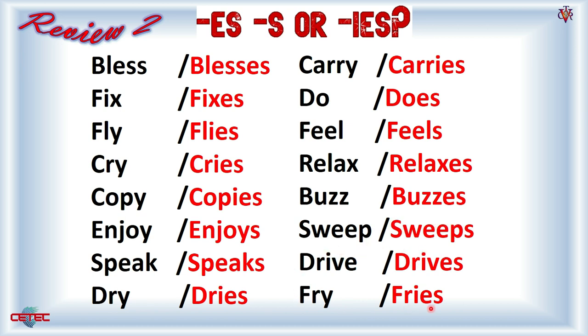Fry, fries. Check your answers. Don't forget verbs ending in different forms: double S, O, X, C, P, E, consonant plus Y, vowel plus Y. Check your answers.